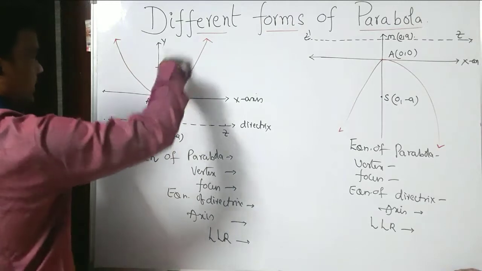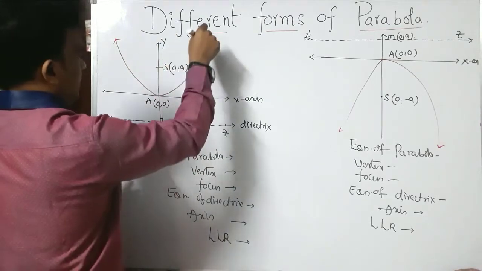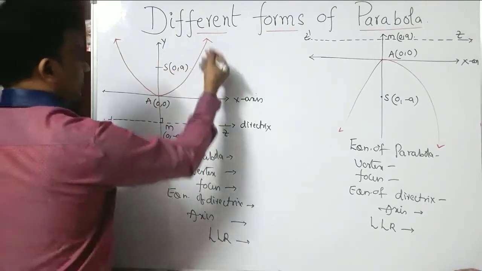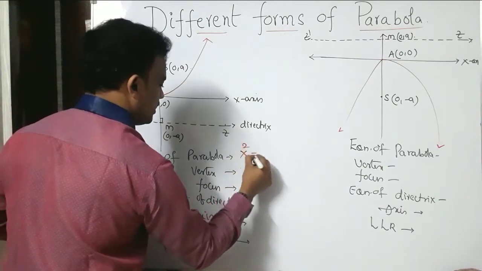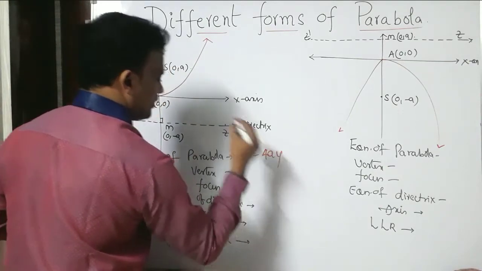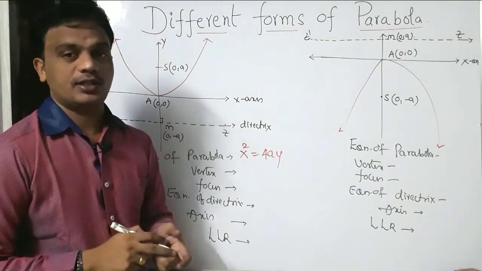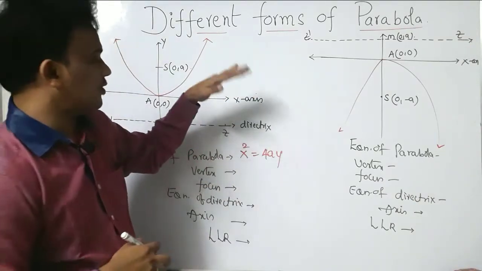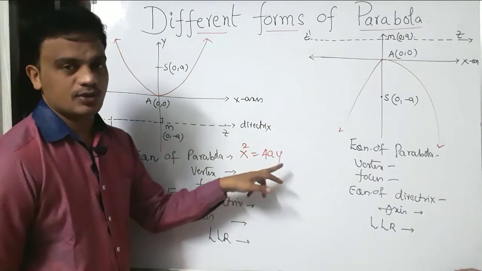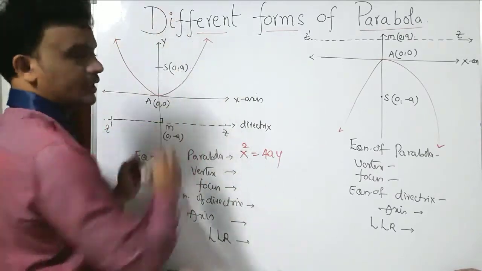Here you can get x square is equals to 4ay. From the transformation of axes, y square is equals to 4ax can be transformed into x square is equals to 4ay when the axes are rotated 90 degrees.